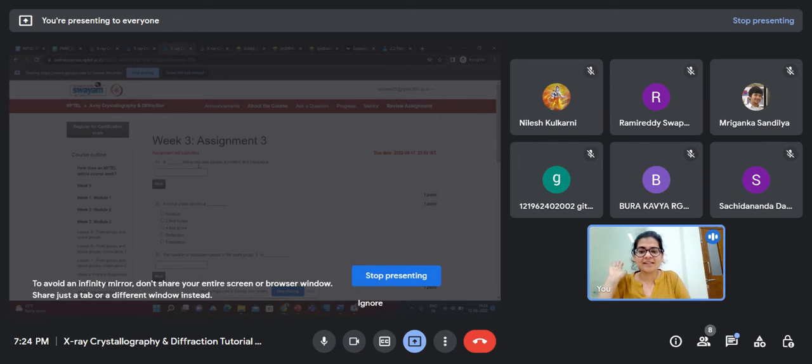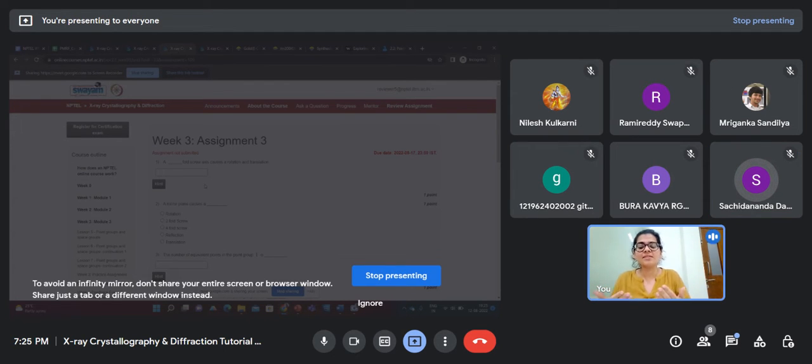You are agreeing, right? Every screw axis will cause rotation and translation. It is not about two-fold, four-fold, or six-fold. I don't know why I have to specify it here.